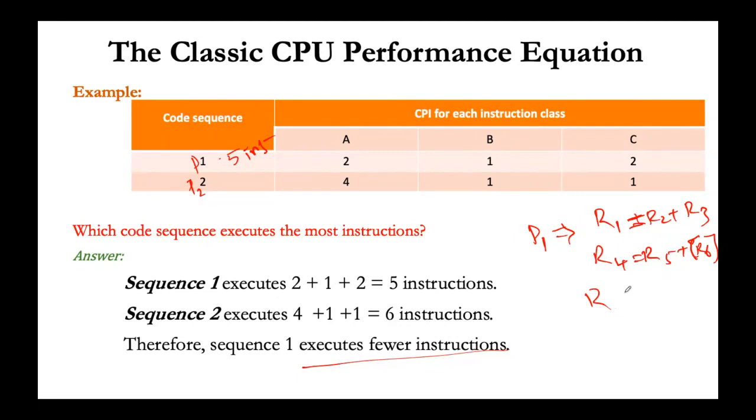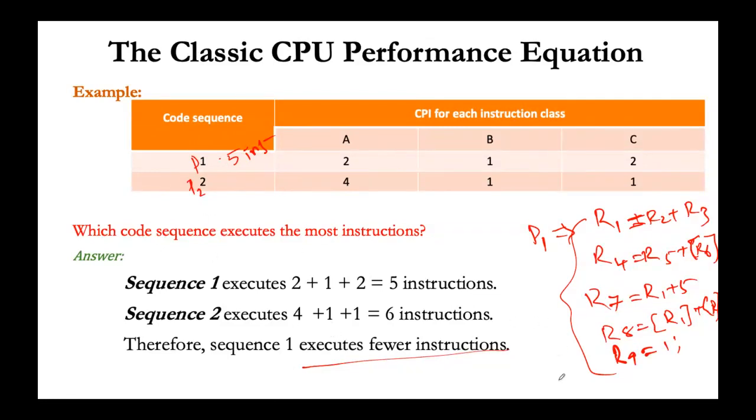Or another instruction, R7 equals R1 plus 5. Or R8 equals memory address of R1 plus R6. So 1, 2, 3, 4, and R9 equals 1, suppose. So this P1 has 5 instructions in this code.